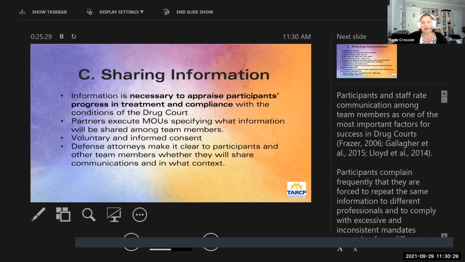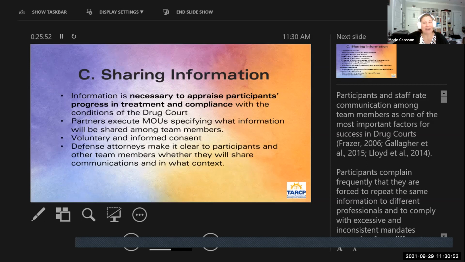To be as effective of a team as possible. When you water that down with, I talked to the public defender's office and they're going to have somebody there, well, then it's not really clear to the person that's actually showing up and sitting in the chair what they're supposed to do and how they're supposed to interact.